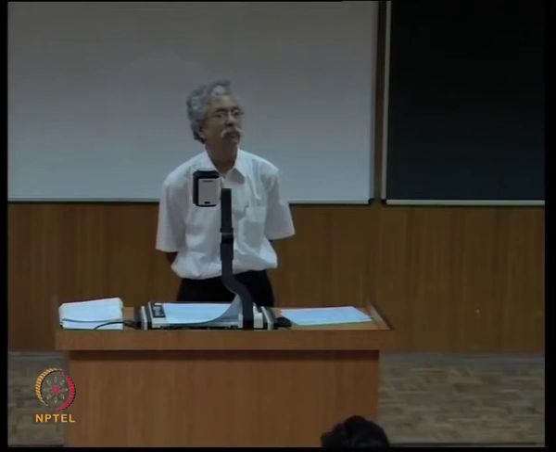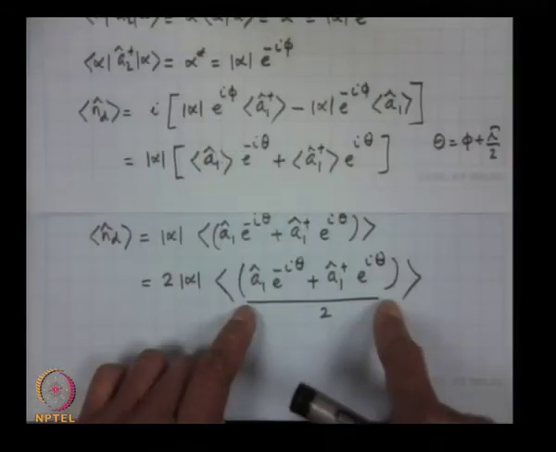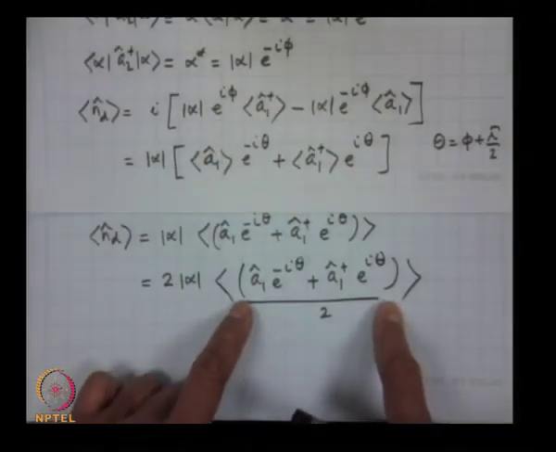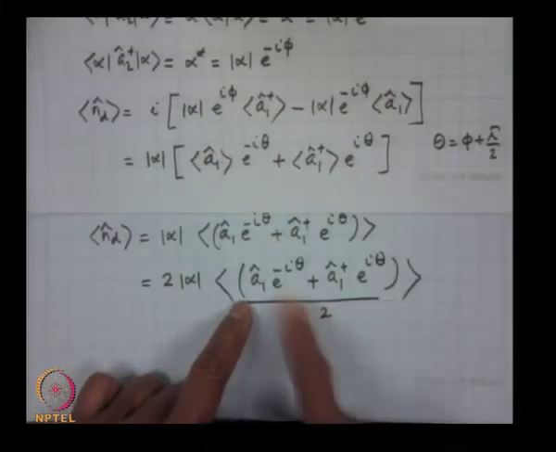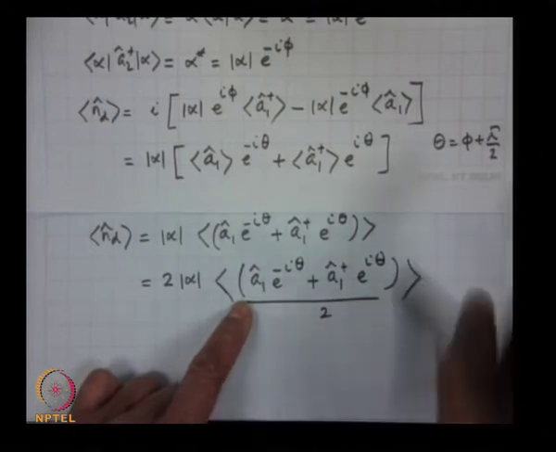If you have the electric field, if you go back and look at the electric field operator, it is in terms of a and a dagger. Then we wrote the electric field in terms of x and y quadrature operators. X quadrature operator is a1 plus a1 dagger by 2. So theta is equal to 0, this operator is x operator, and theta is equal to pi by 2, this is minus I, this is plus I. If I take I in the denominator, it becomes a1 minus a1 dagger by 2i, which is the y operator.